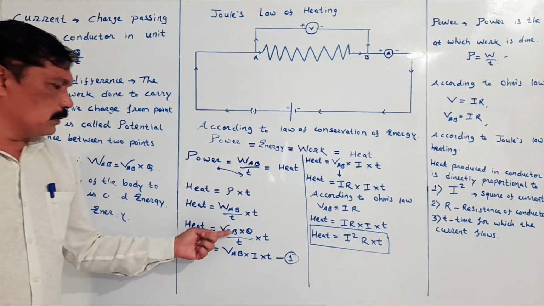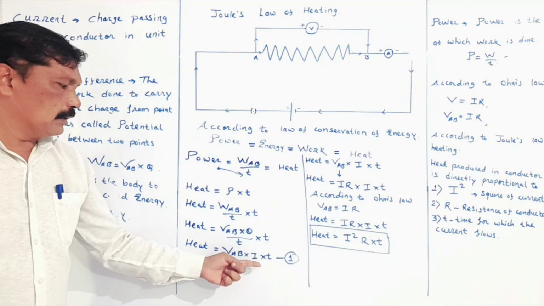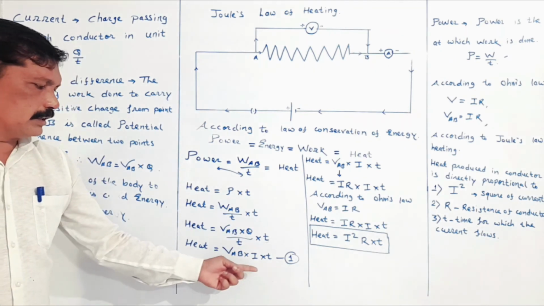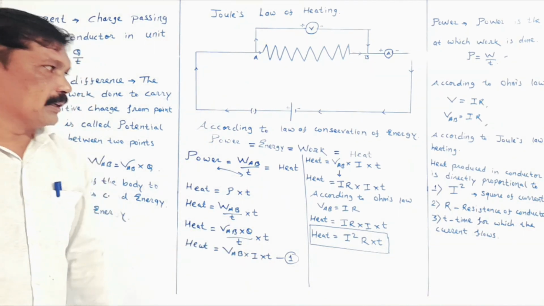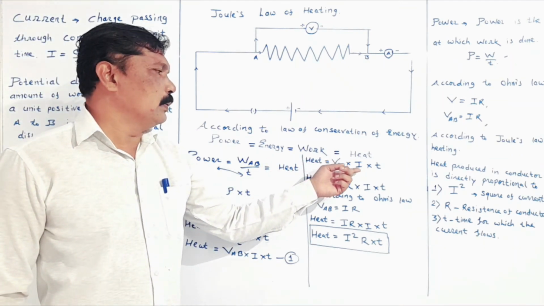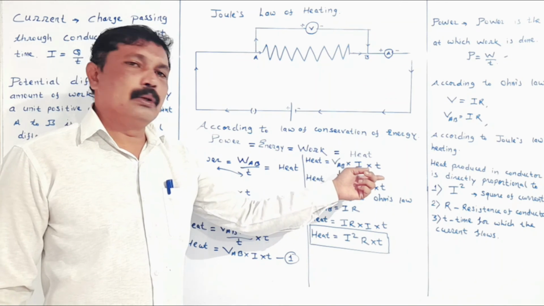So heat is equal to VAB into I into T. This is equation 1.